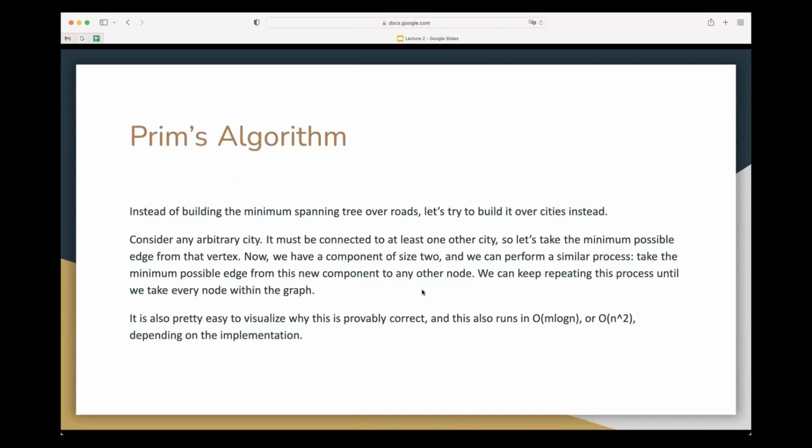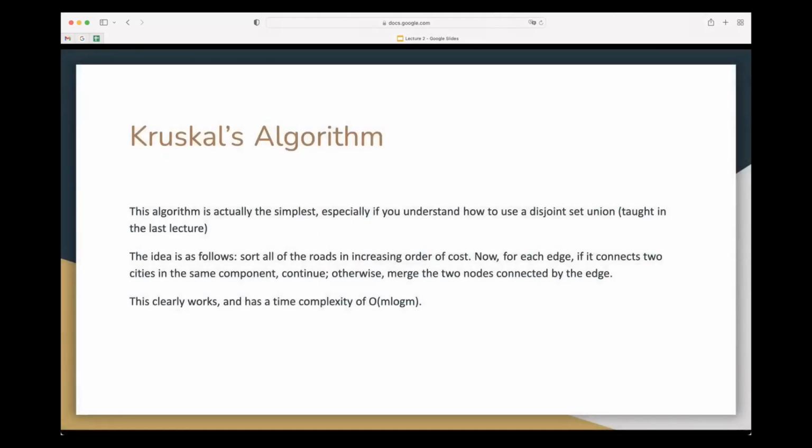So as you see, if you have n squared edges and you can't do n squared log n, then you really want to use Prim's algorithm, because Prim's algorithm can give you an O of n squared solution, whereas Kruskal's algorithm can only give you an O of m log m solution. So yeah, you should use Prim's algorithm.